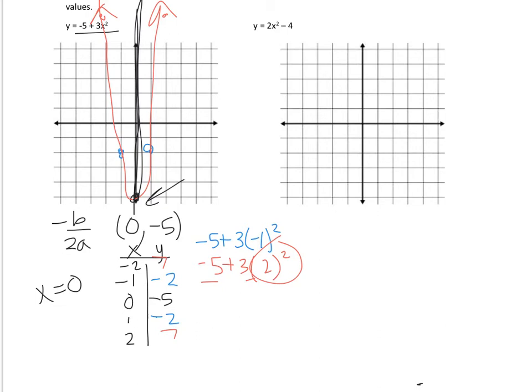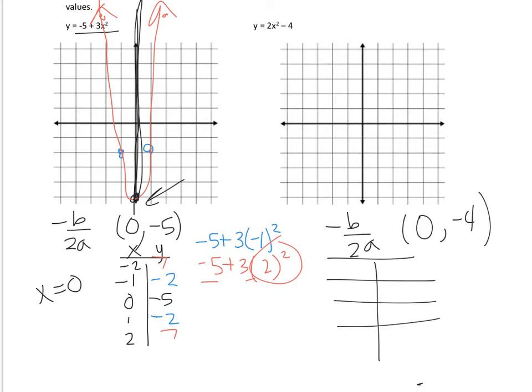I'm going to do the same thing over here. When I do opposite b over 2a, I get 0, plug it in, I get -4. When you're graphing and making a table of values, always put the vertex in the middle. Pick numbers that are less. Then I'm going to plug in -1.